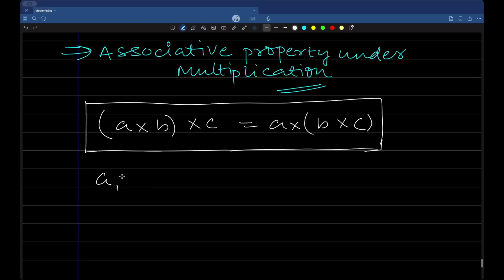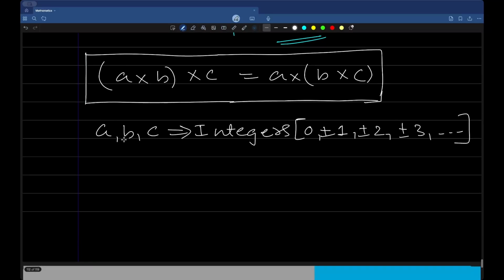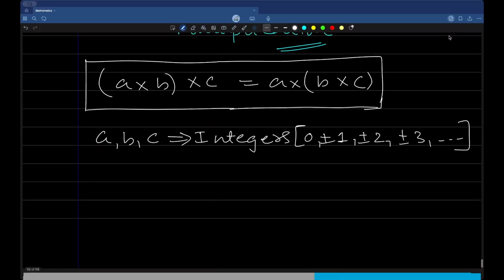We have to take a, b and c from integers, that is 0, plus or minus 1, plus or minus 2, plus or minus 3 and so on, and we have to check does integer satisfy this property or not.